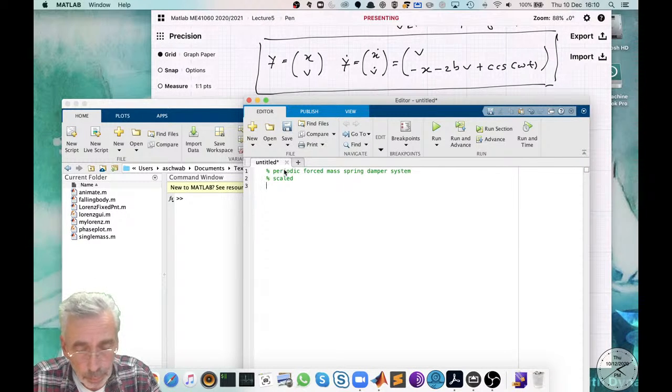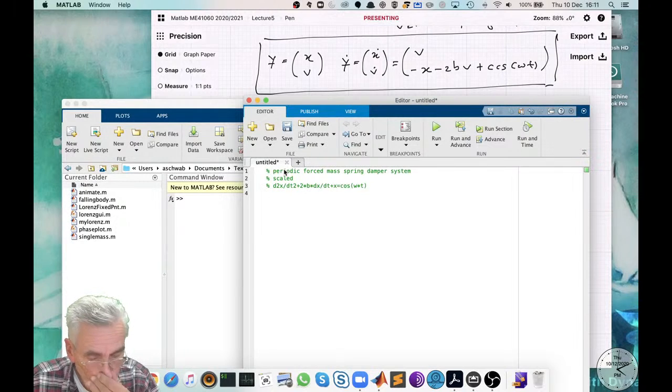Sometimes we even write an equation here, like d2x dt squared plus 2 times b times dx dt plus x equals cosine omega t, like that. So then we know what we're talking about.